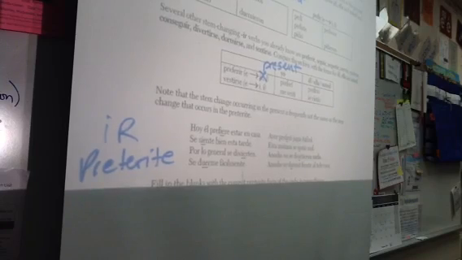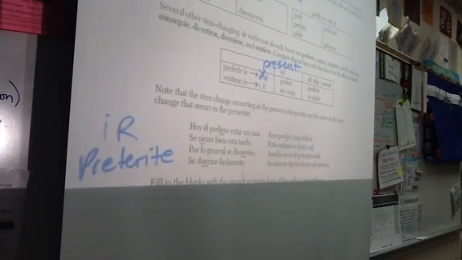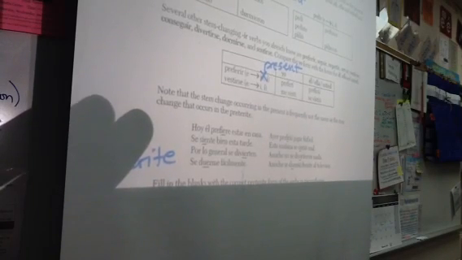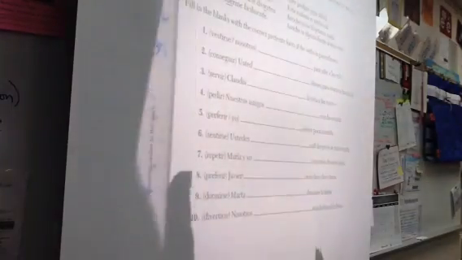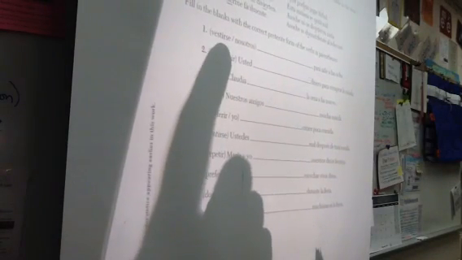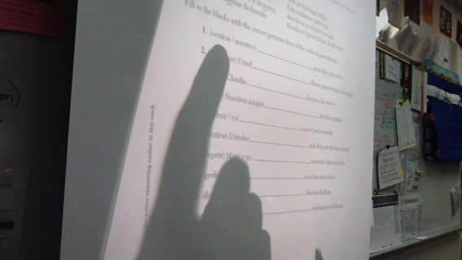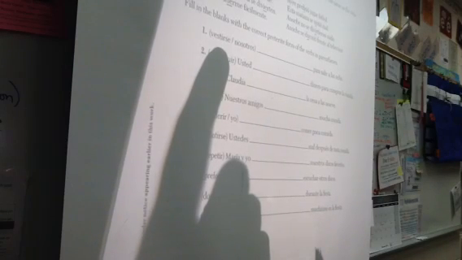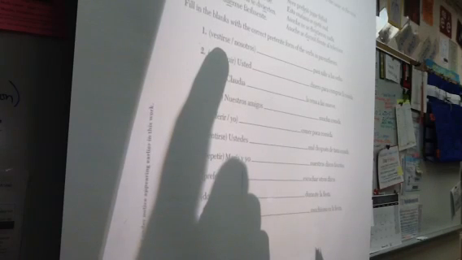Okay. All right, the first one, nosotros, and then vestirse. Same thing here. We have a reflexive pronoun that we have to take care of. Which reflexive pronoun agrees with nosotros? Nos.